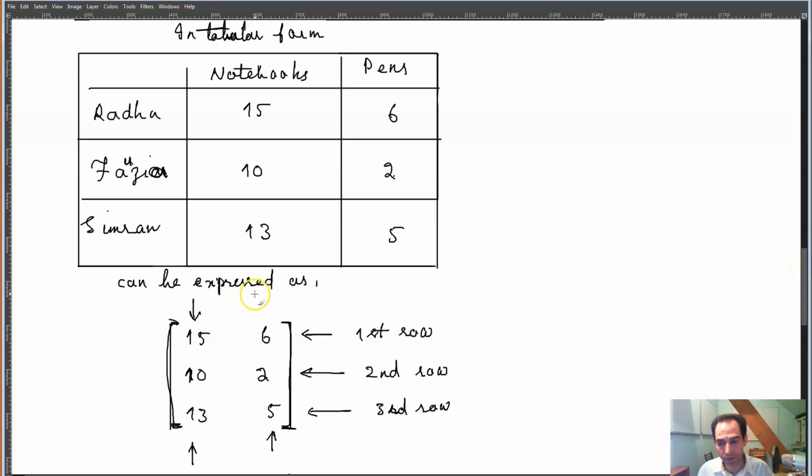Now there is one more way to express the same type of information, and that is if I use the notebooks and pens as rows and use these as columns.